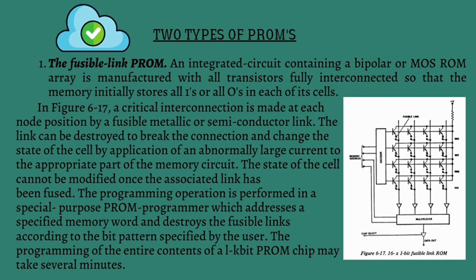The programming operation is performed in a special purpose programmer which addresses a specified memory word and destroys the fusible links according to the byte pattern specified by the user. The programming of the entire contents of a 1 kilobyte PROM chip may take several minutes.